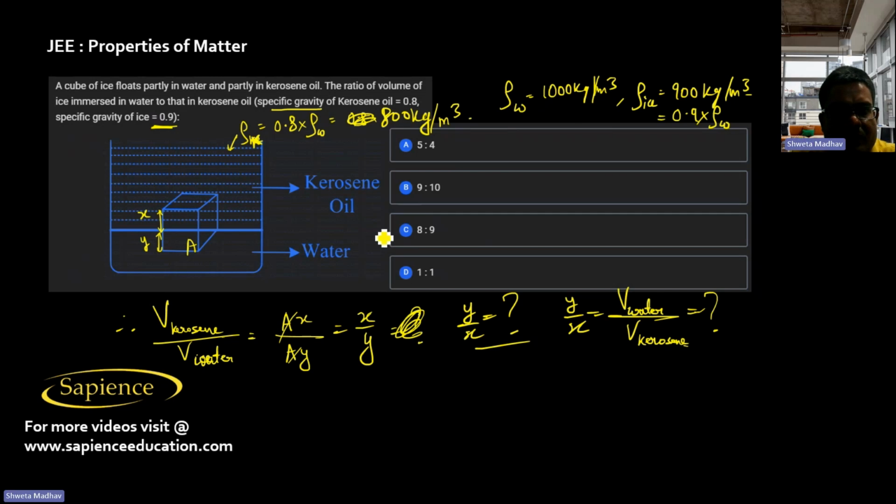Okay, so now here we can say that the weight of the ice is same as the net upthrust.